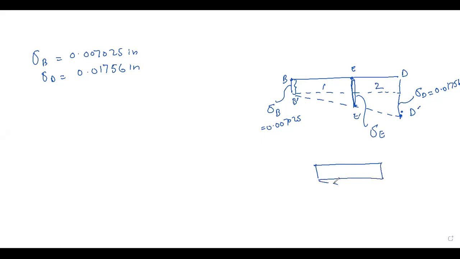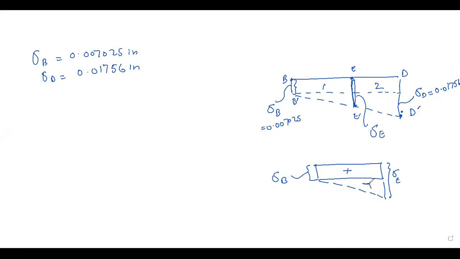Which consists of one triangle and one rectangle. This magnitude we know already, which is deflection at B, and this is deflection at E. So the deflection at E is in two parts, you can say. One is a square body and one is a triangle body.